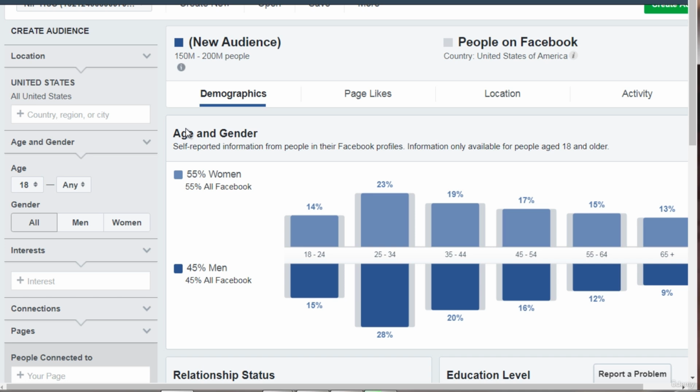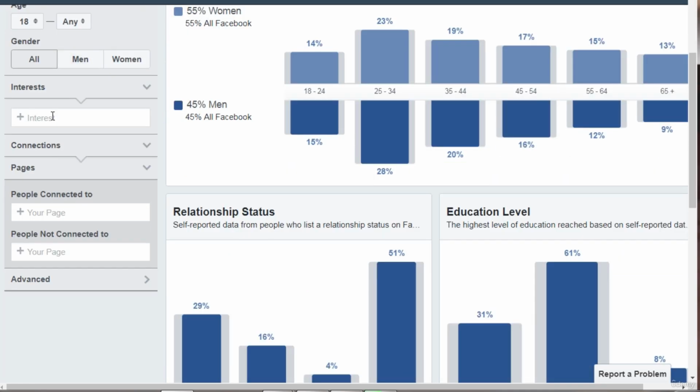So what this allows you to do is enter a location, an age and gender, specific interests. And if you have a page that is highly populated or at least has a couple thousand people, you'll be able to figure out who exactly is inside that Facebook page in terms of demographics.